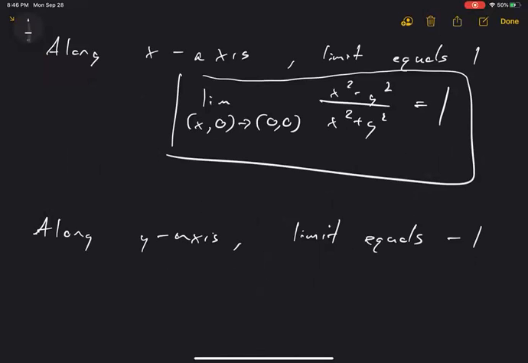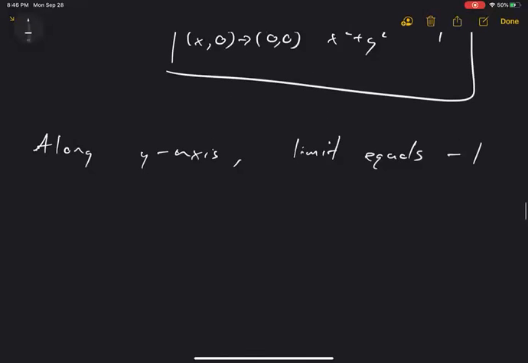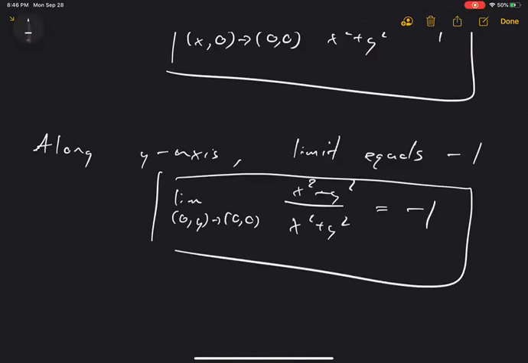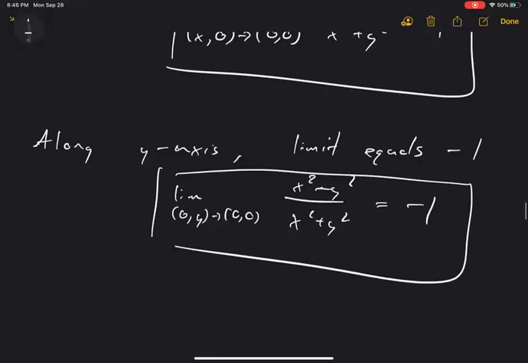So I got one path equals positive 1, one equals negative 1. And again, I could write this in this notation, limit of (0, y) approaches (0, 0) of my function. So that limit equals negative 1. So I got two different paths with two different limits.